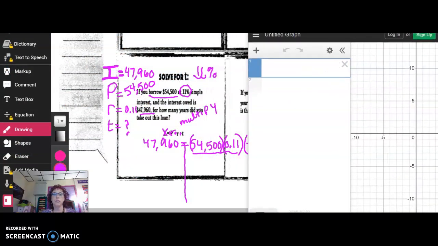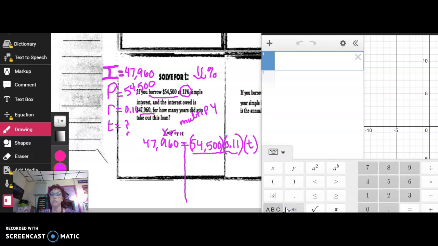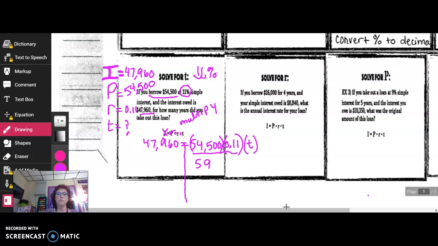Okay, Desmos, we're just going to use that for our multiplication. We're going to multiply these two numbers together, 54,500 times 11%, that's 5,995. Still being multiplied by t.